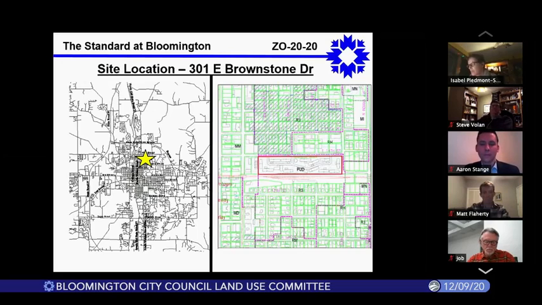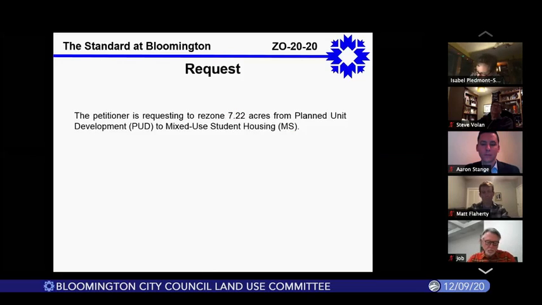It was approved somewhere upwards of 15 units an acre. It was developed with 2 3-story buildings. The buildings have kind of outlived their useful life, and the petitioners would like to redevelop the site with a new student-oriented development. So they are requesting to vacate the PUD and rezone this to the new mixed-use student housing district.